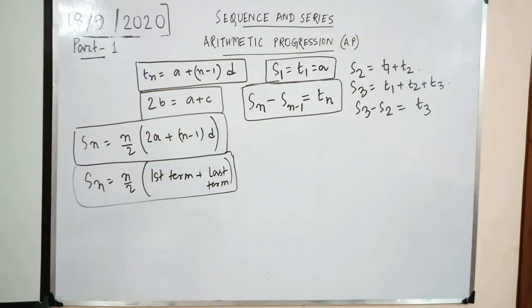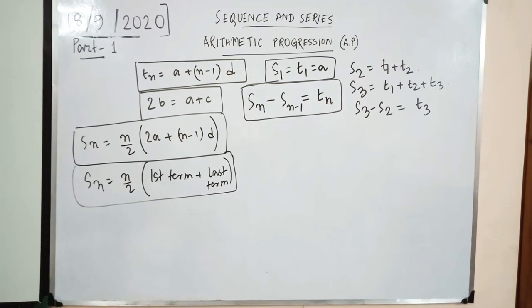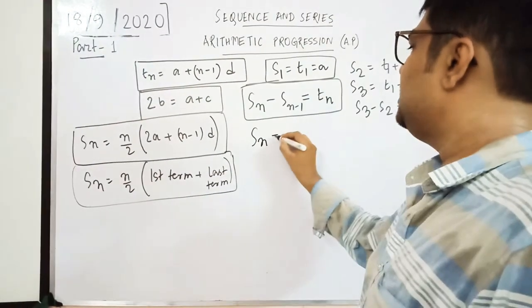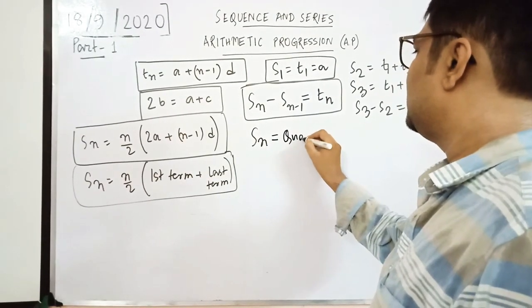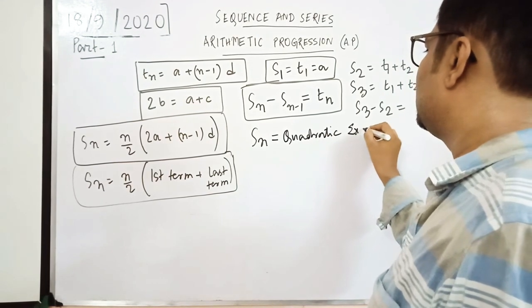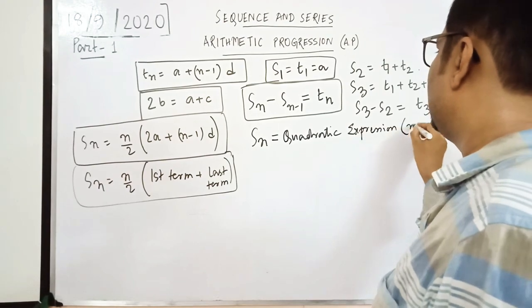This is another representation of the Sn formula. A very important thing to note is that Sn will be a quadratic expression or a quadratic function of n.